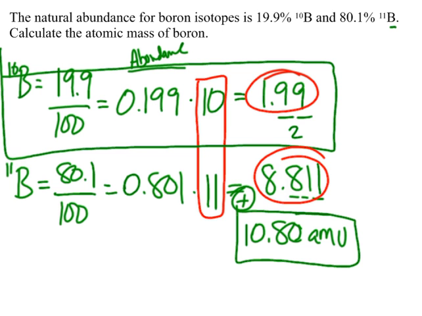Now it's important to note that sometimes I won't give you all of the abundances, I'll give you all of them except 1. You need to make sure that all of your abundances add up to 100%. So this right here, 19.9 and 80.1, you add those 2 things together and they're going to equal 100%.